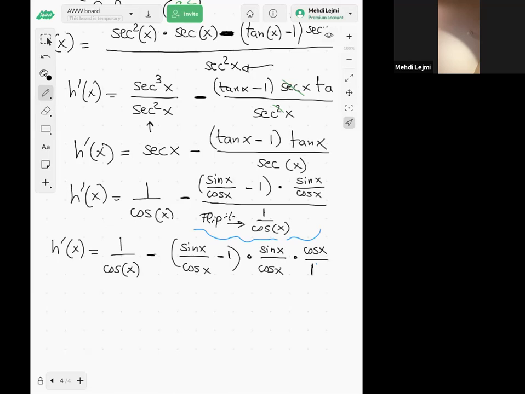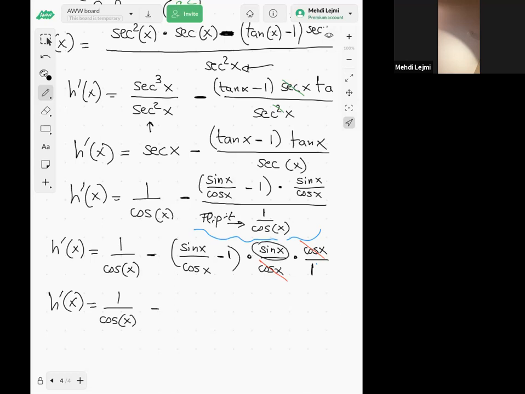Now we multiply by cosine of x. So here, this cosine over cosine cancels out. So h prime of x is 1 over cosine, minus, and here we have this sine.